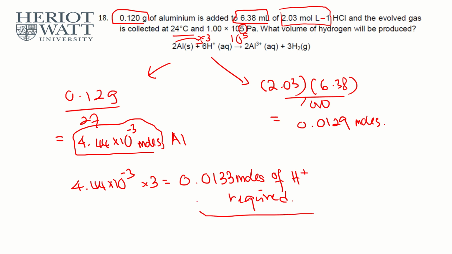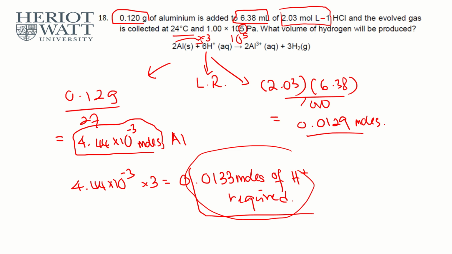Okay, so this is the mole of acid required. But how many moles of acid do we have in the solution? 0.0129. And what we need is 0.0133. What does that mean? I have less than what we need, right? I have less than what we need, which means your acid is the limiting reagent.